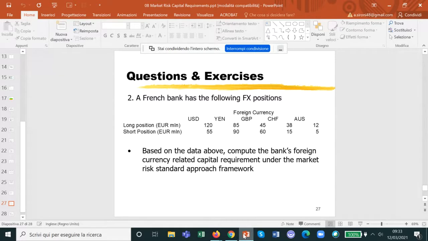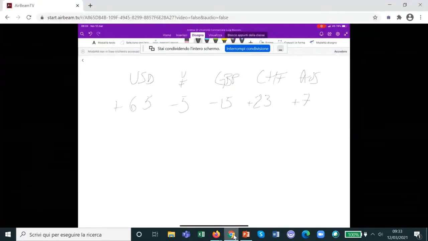Swiss franc, the net position is long by 23. And finally, Australian dollars, the net position is long by 7. So these are the data: US dollar, yen, pound, Swiss franc, Australian dollar.